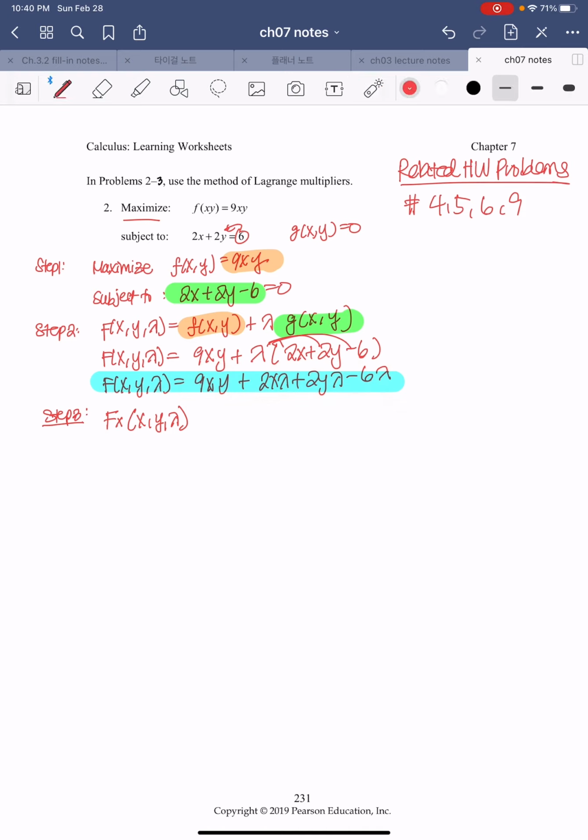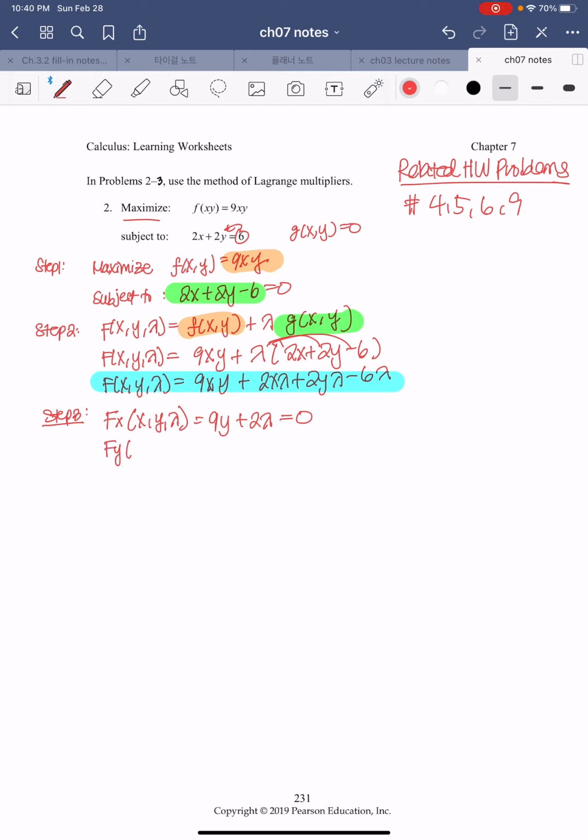So the derivative for the first term is 9y. Second term, that's another one you need to differentiate because this has an x variable. So 2 lambda x, 2 lambda is your constant, so plus 2 lambda. Set that equal to 0. Okay. Let's do it one more time.